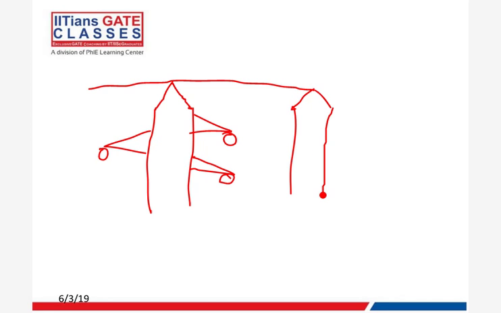Along with all the transmission lines, on the top there will be a cover line, and this wire is called an earth wire.